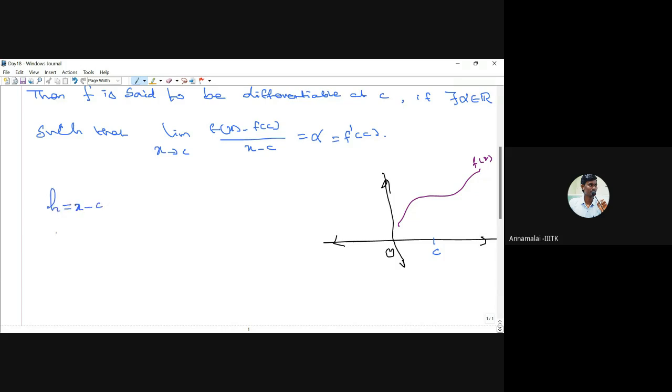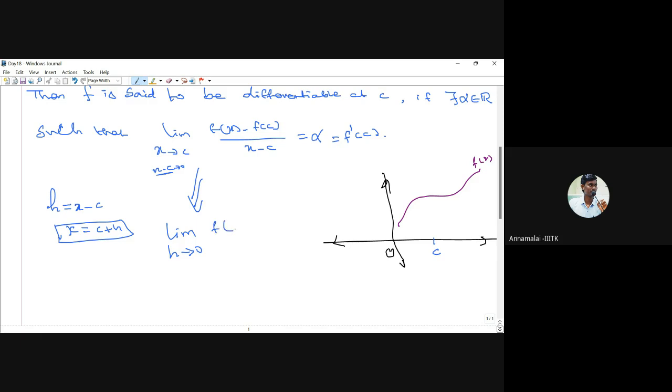Therefore x is equal to c plus h. Since x minus c goes to 0, x goes to c is the same as h goes to 0.